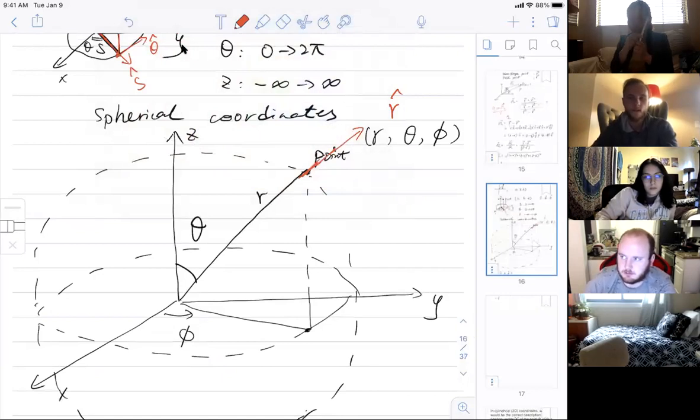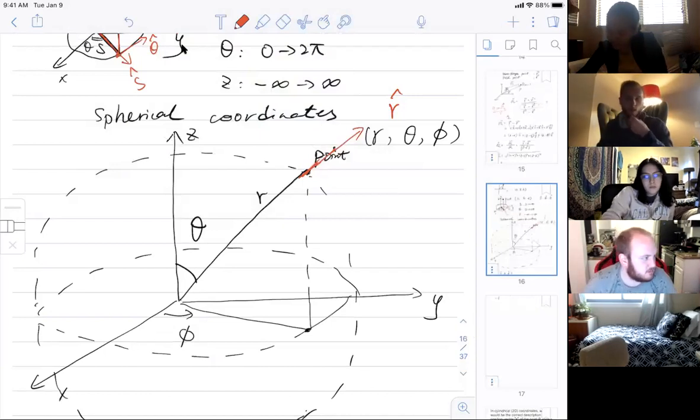If I swing a big circle with my R, my theta hat has to be always perpendicular and tangential to my R. So how do I draw the theta hat? Tangential to the R hat? Yes, and this way, downward.